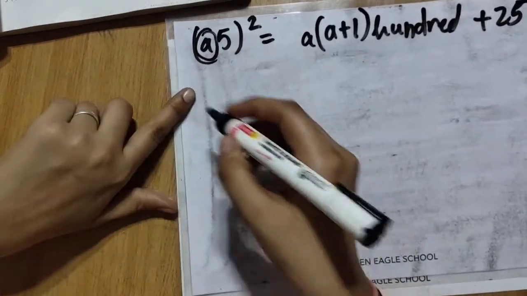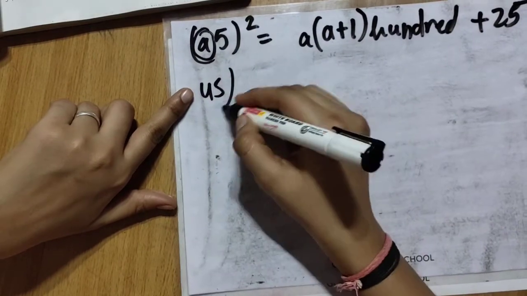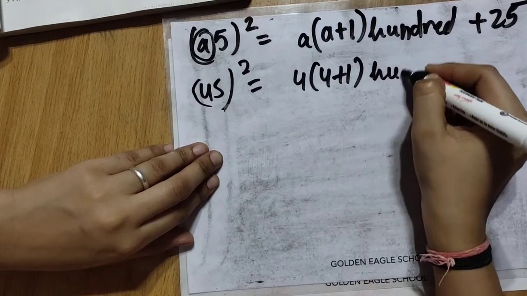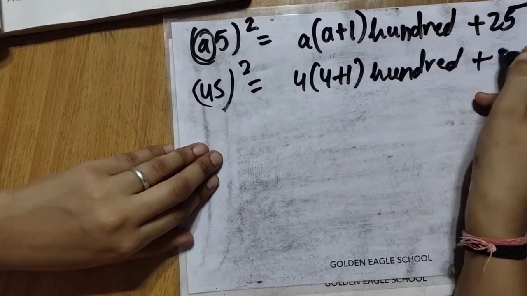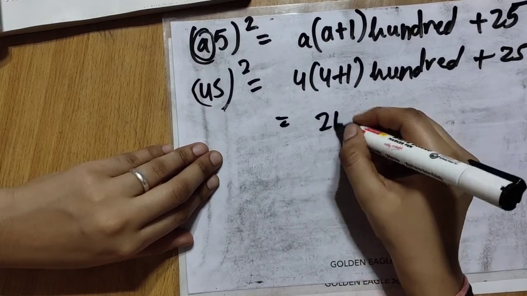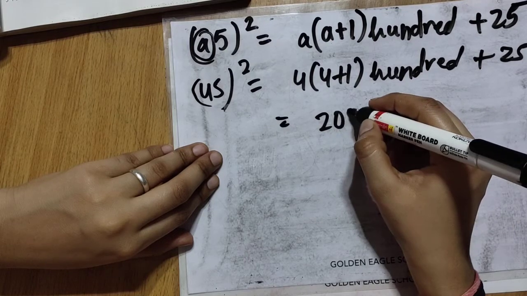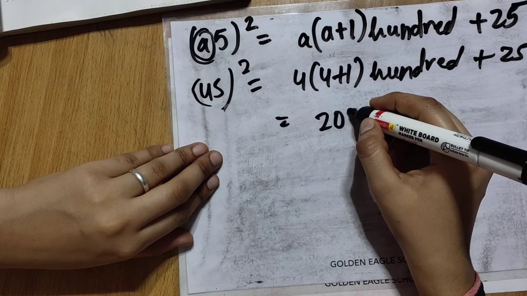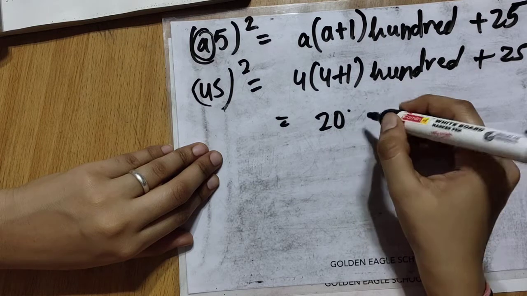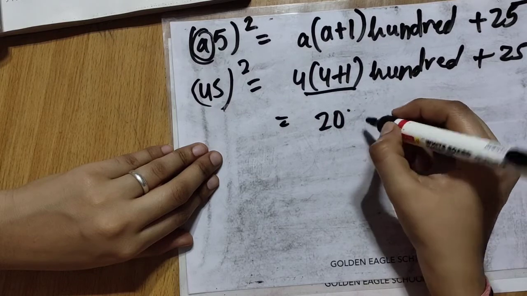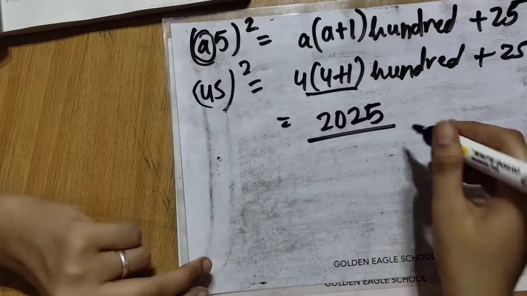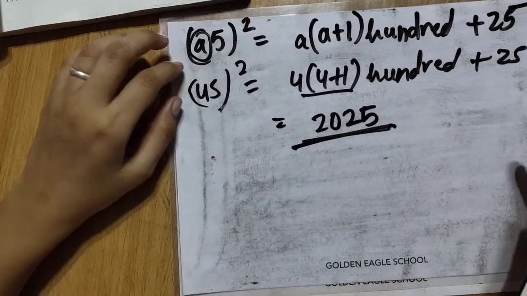Taking 45 here, this will be 4 into (4 plus 1), 100, plus 25. That is 4 fives are 20, 2000, plus 25. Okay, so this is how you are going to find it out.